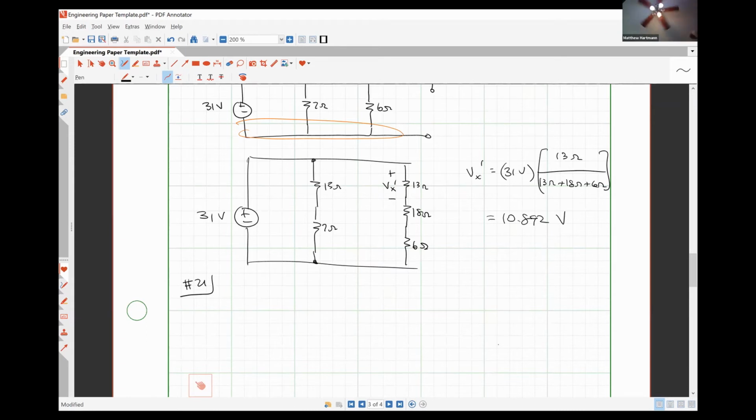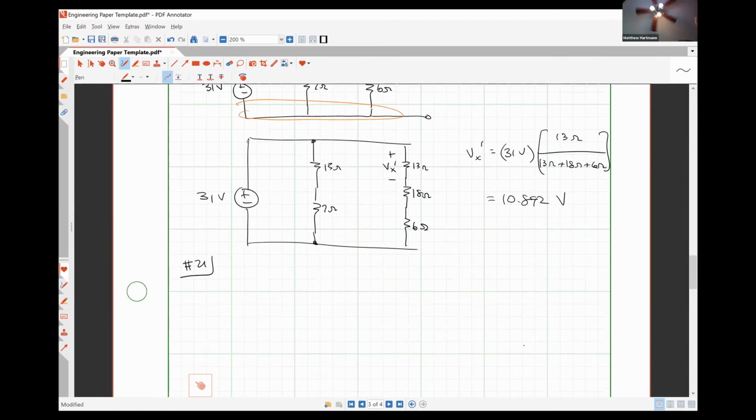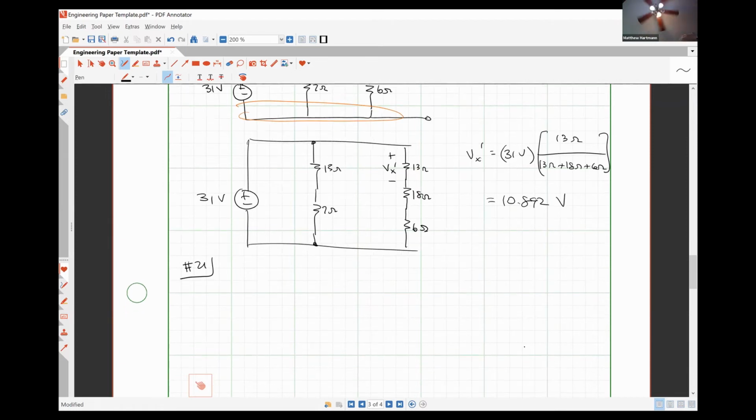But there's nothing wrong with that solution. It's just far less efficient. Students tend to try to rely on mesh analysis foremost, and then maybe to a slightly lesser extent nodal analysis. And then if for whatever reason those two things can't work for you, which there's very limited cases where they can't work, then you guys go back to the fundamentals.